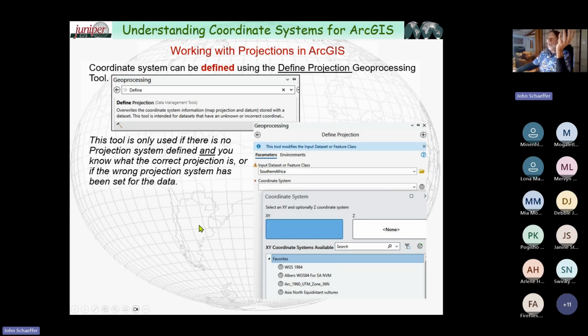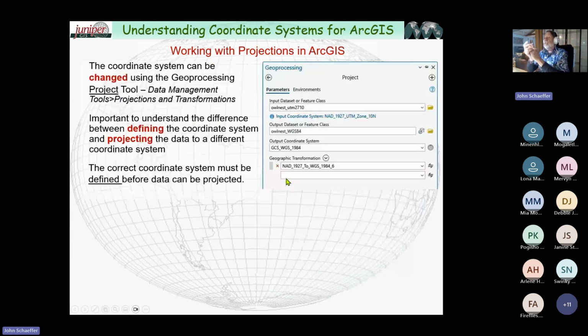So be careful about using Define. Realize that it's only telling ArcGIS, hey, this is the coordinate system you should use when you interpret the coordinate values inside that data.